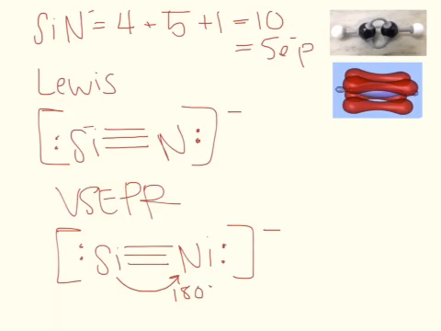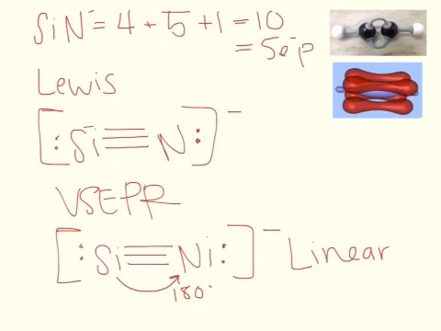Therefore, the electron and molecular geometry of SiN⁻ is linear. All of this information is going to help us draw the contour diagram.